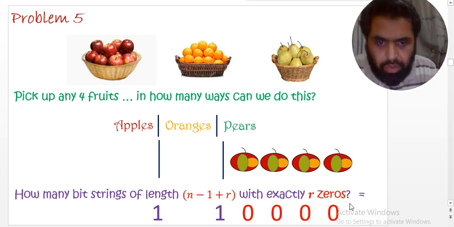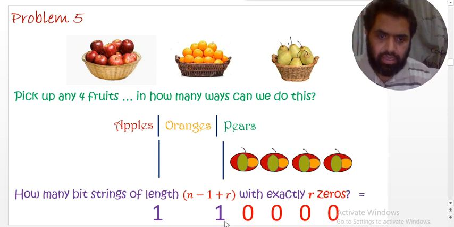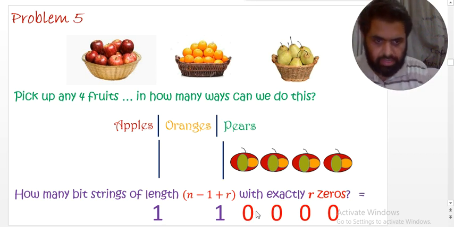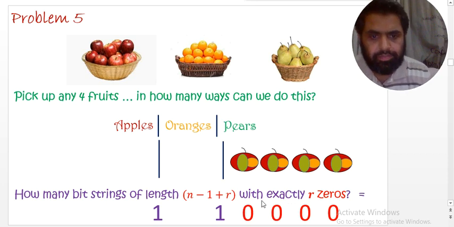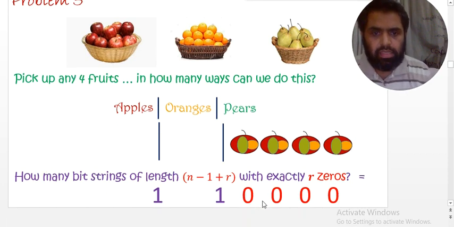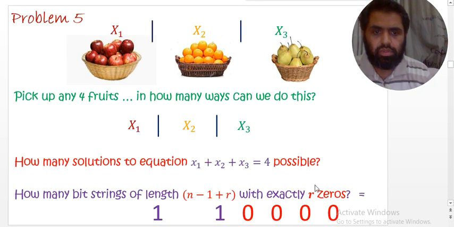So how many possible binary strings are there? It is like we keep on changing the positions of ones and zeros between them. So how many possible bit strings can I get? n minus 1 plus r, choose r. The length of the binary string is n minus 1 plus r, and I have to choose r zeros.